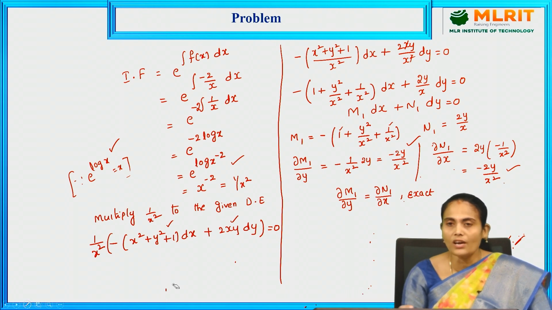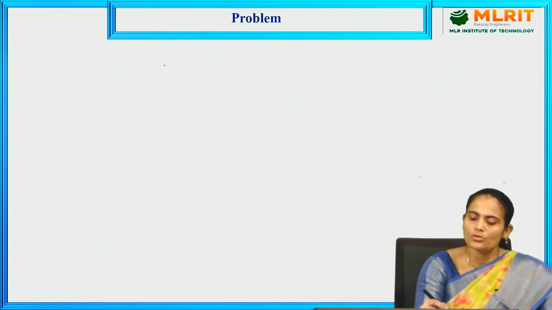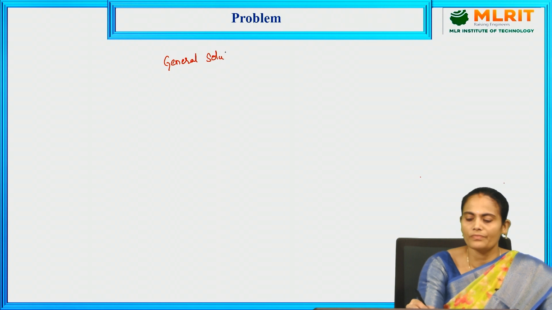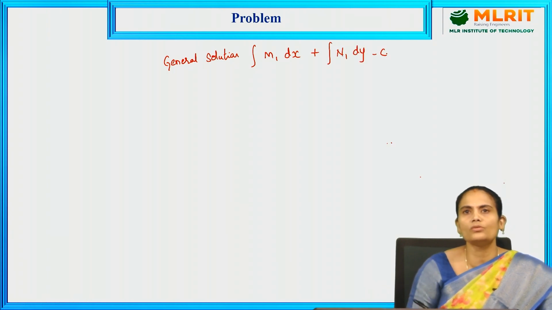Now we have to find the general solution of the exact differential equation. So what is the general solution of exact differential equations? We know the formula to find the general solution: integral m1 dx plus integral n1 dy is equal to c.